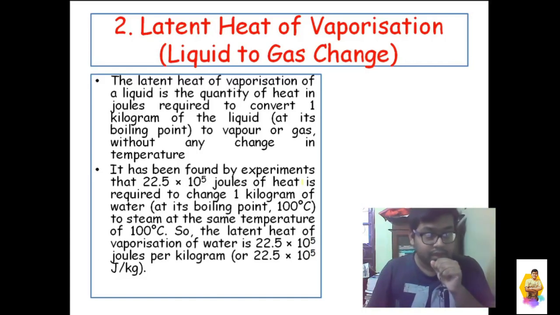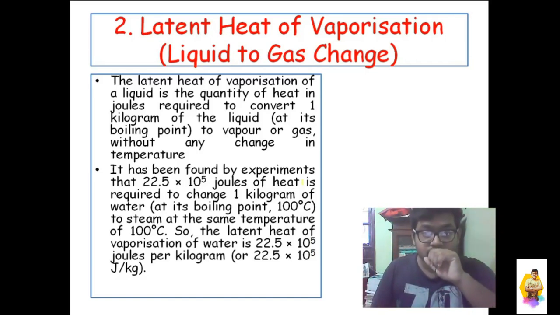And it is very obvious that the amount of this heat will be more than the latent heat of fusion, where we converted ice into water or any solid into liquid. So here a liquid is being converted into gas, so that is why it has been found the latent heat of vaporization is 22.5 into 10 to the power 5 joules.